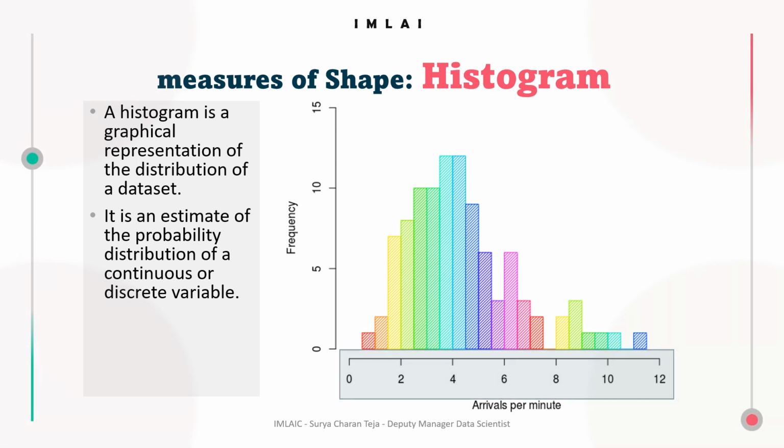Very important point to be noted while creating a histogram or a customized histogram. Too few bins can result in a loss of information, while too many bins can result in a noisy or cluttered histogram. So it should be neither too few nor too many.